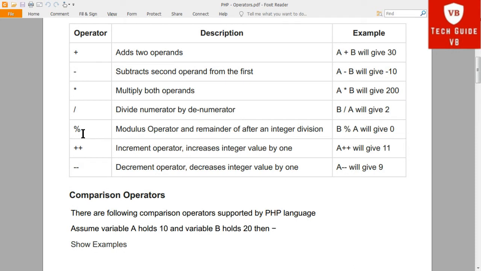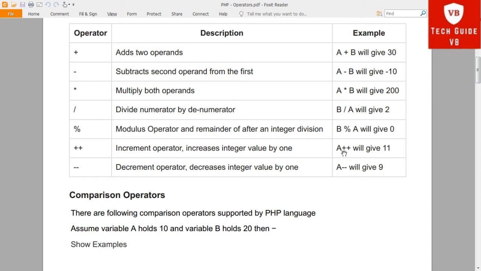Then the modulus operator, that is the percent sign, which is used to get the remainder after an integer division. That is, B % A will give 0. Then the increment operator, ++. This is used to increase the integer value by 1.